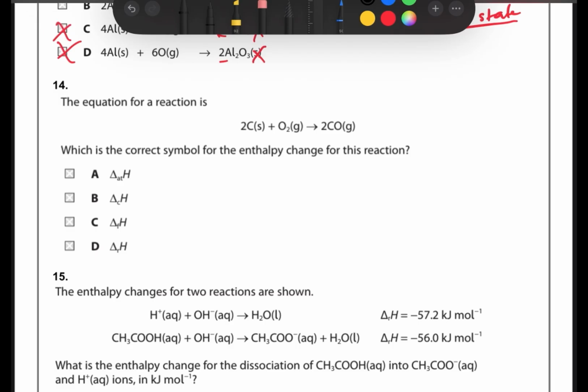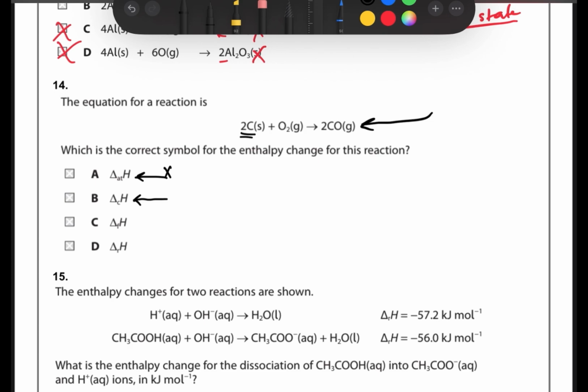Question 14 says we have this beautiful equation, which is correct, simple, for the enthalpy change for this reaction. First of all, is it atomization? No, it's not. Atomization indicates breaking the bonds between the atoms, and this is definitely not an atomization. It's not a combustion product because you can see 2 moles of carbon.